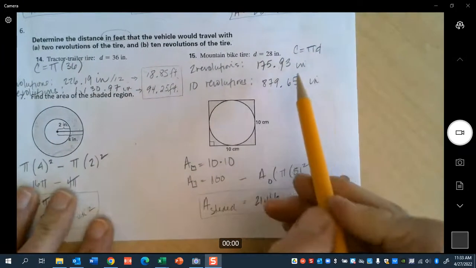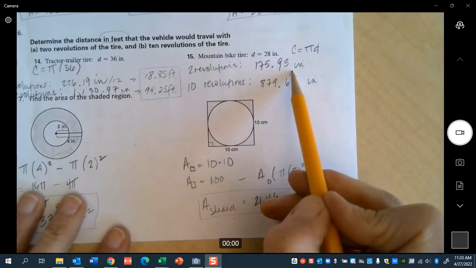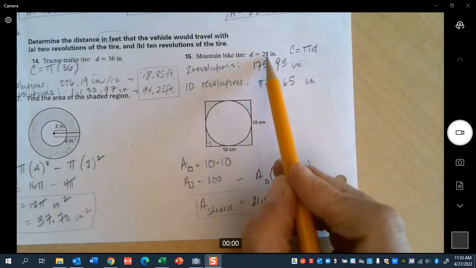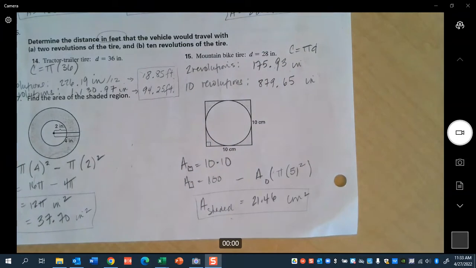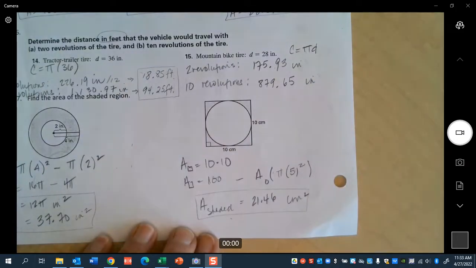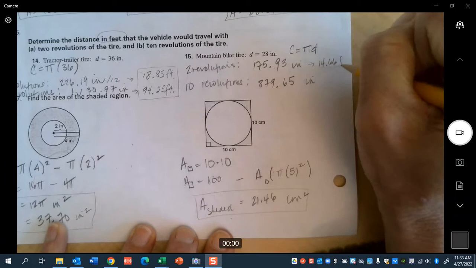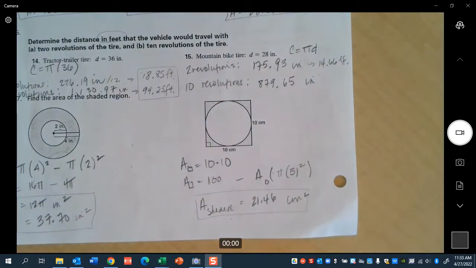Okay, so over here, pi d is going to give me pi times 28 for the circumference, and then times 2. So this 175 divided by 12 is going to give me 14.66 feet. 28 pi times 10 divided by 12.